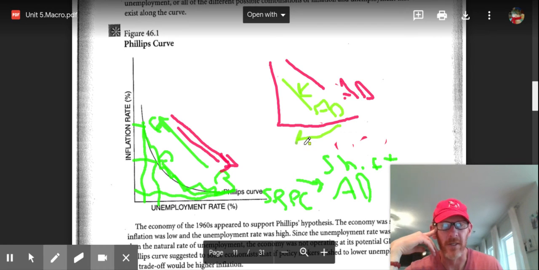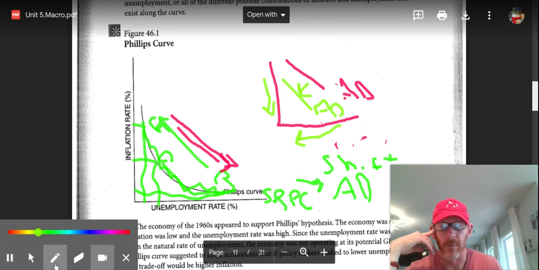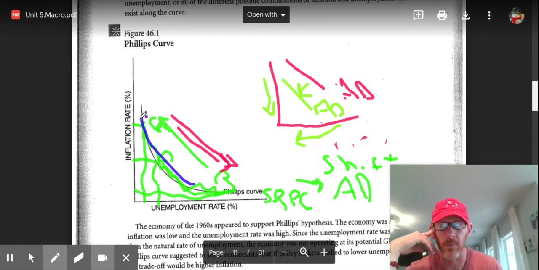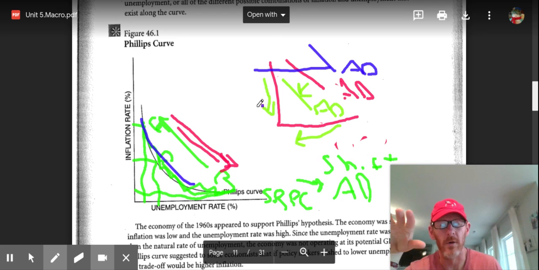But if we shift along the curve this way, you can see unemployment's going down while inflation's going up, like if we have AD shift to the right. We're getting more GDP, so unemployment's going down, but inflation's going up. So it's important to know that in the short run, as long as you move along this curve, it's a shift of AD.